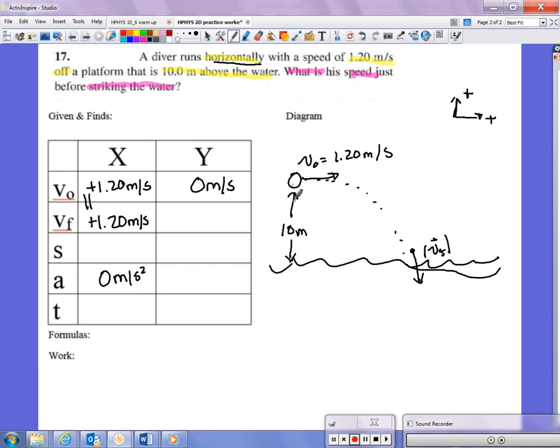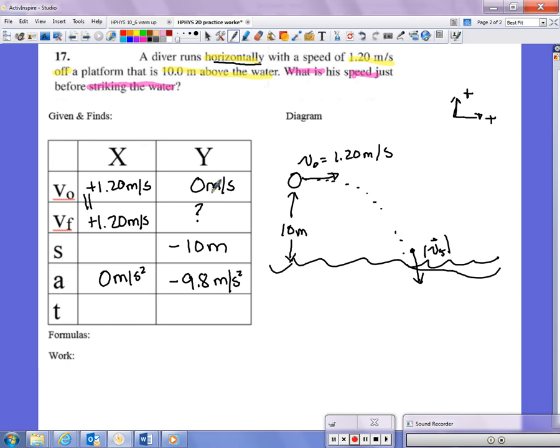I know that my vertical displacement from here to the water is minus 10 meters, and then I'm being accelerated down in the y-axis at negative 9.8 meters per second squared. I am going to need to find this y component of the final velocity in order to find the speed overall.